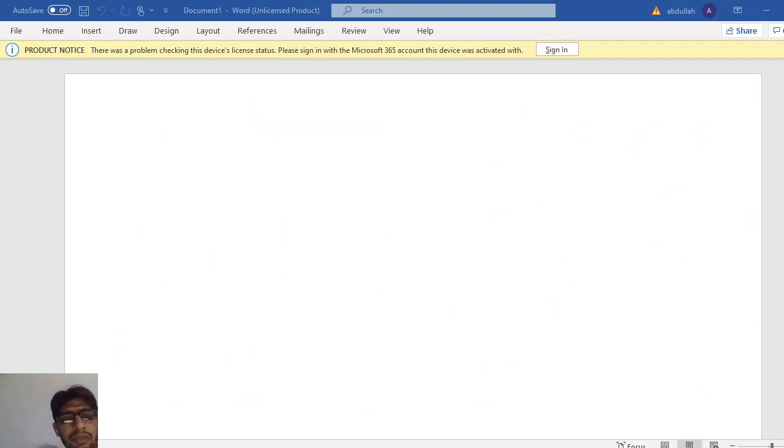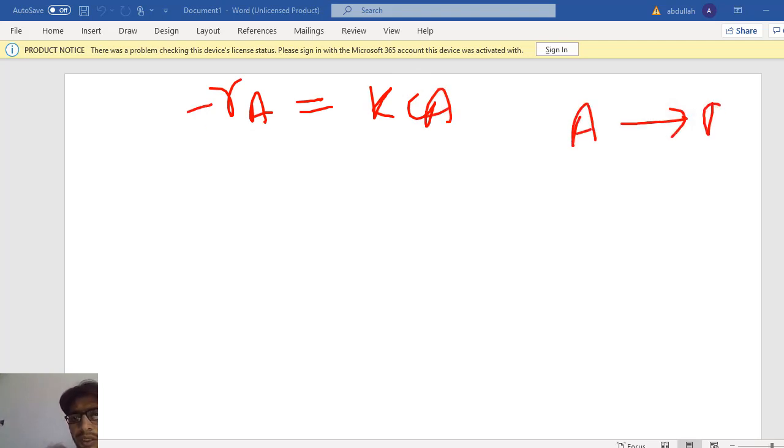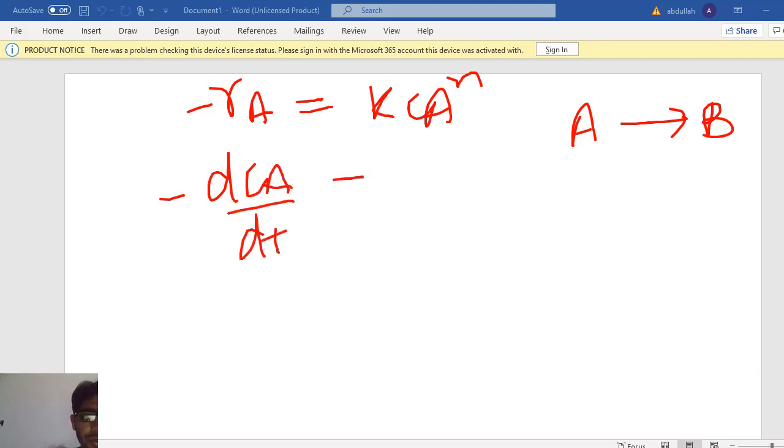In this lecture we will discuss the integral method for determining the order of reaction, rate constant, and overall order of reaction. As we know, the rate law for a general reaction, say A converting into B, is minus rA equals k CA to the power n, and this rate can also be written as minus dCA by dt equals k CA to the power n.